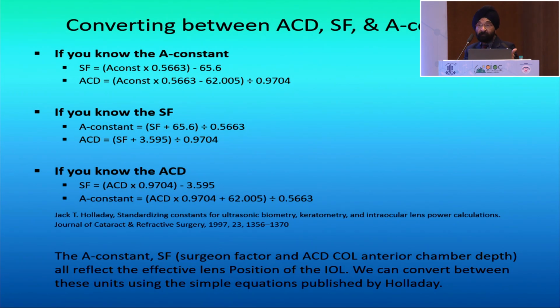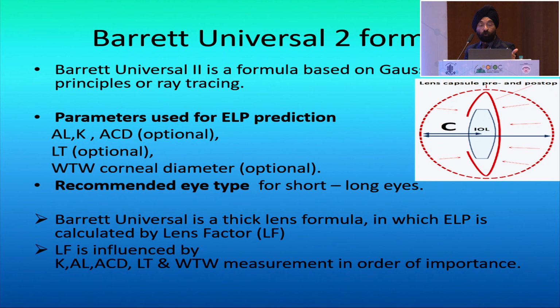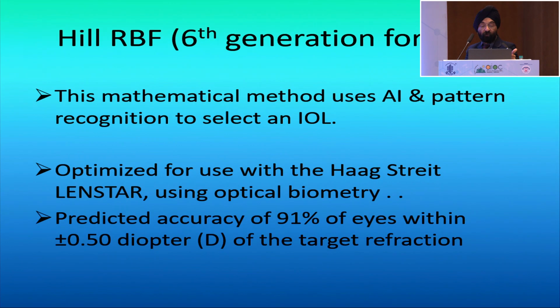There are mathematical methods available to interchange or inter-calculate effective lens position depending on anterior chamber depth, surgeon factor, and A constant. The Barrett Universal 2 formula, which has become most popular, has effective lens position dependent on lens factor, which is then calculated by keratometry, axial length, anterior chamber depth, lens thickness, and white to white measurement.